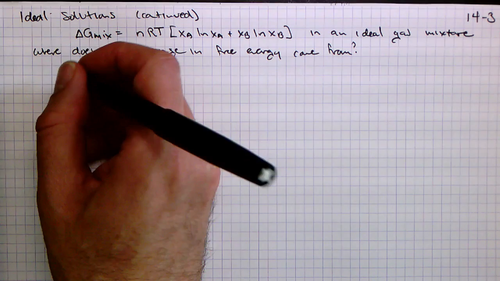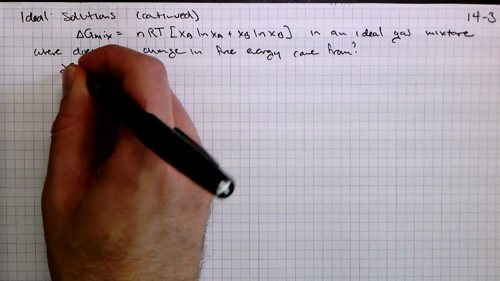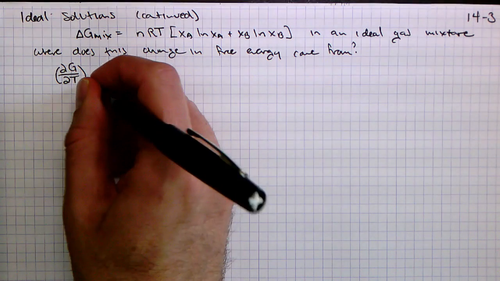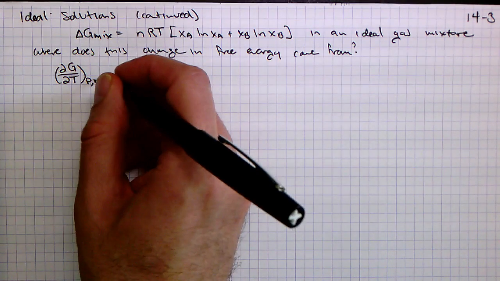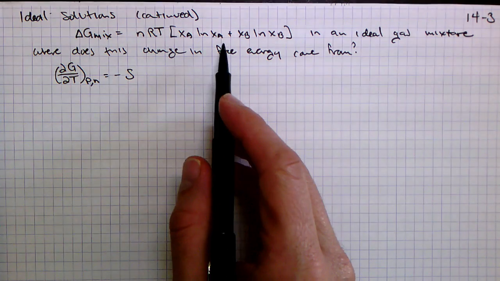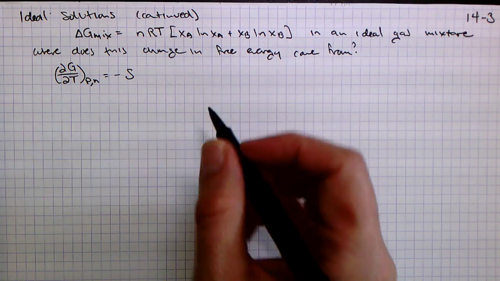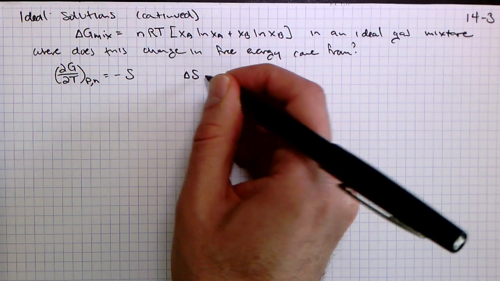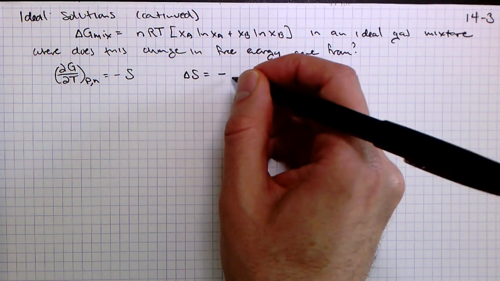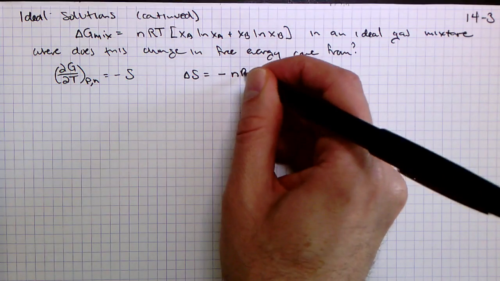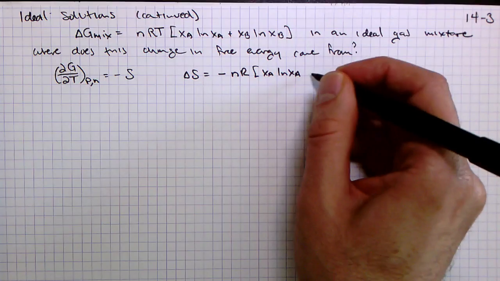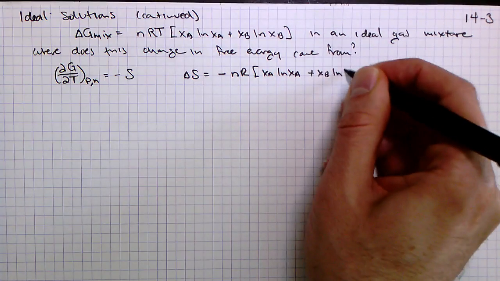And we can see that here because we know that the partial derivative of G with respect to T at constant pressure and number of atoms is minus the entropy. And so we can take that derivative easily enough here, and we can see that the change in entropy when we mix the gas is just minus N times R times XA natural log of XA plus XB natural log of XB.